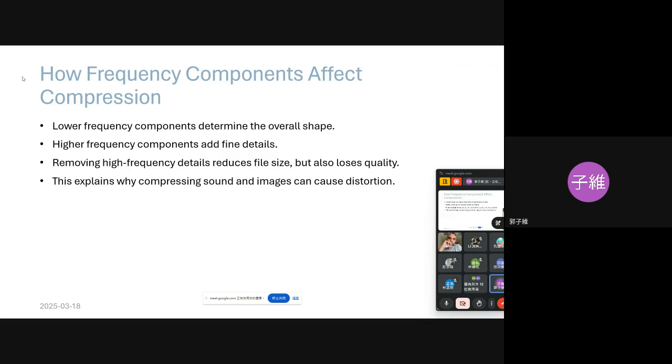Lower frequency components determine the overall shape, while higher frequency ones add the fine details. Removing the higher frequency details reduces the file size, but it also loses quality. And this explains why compressing sound or images can cause distortion.